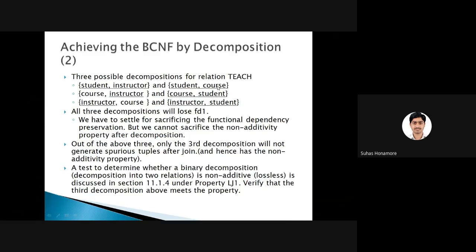In all three tables, the combination of all attributes will become the primary key. So all will become the primary keys here.